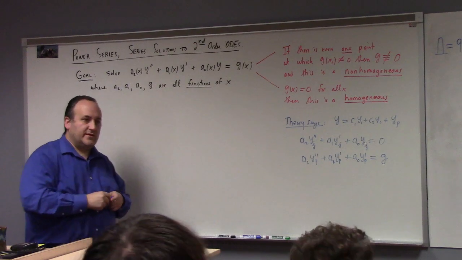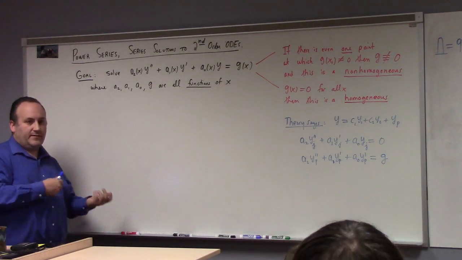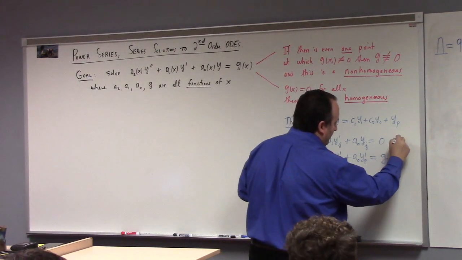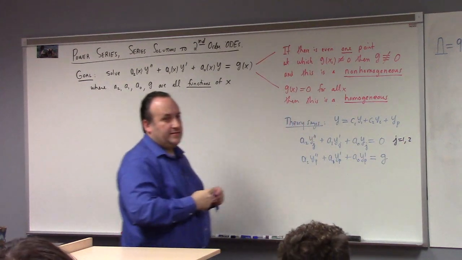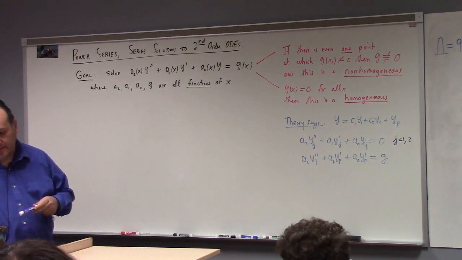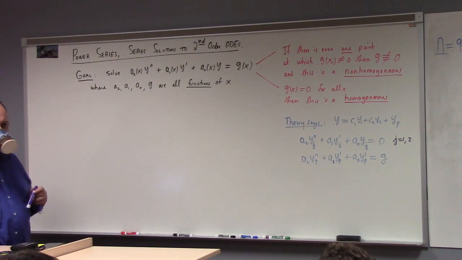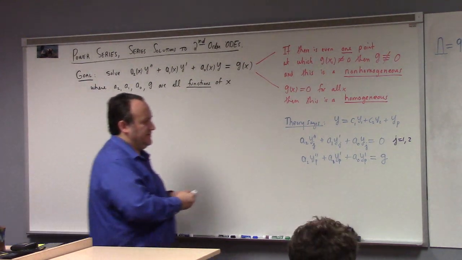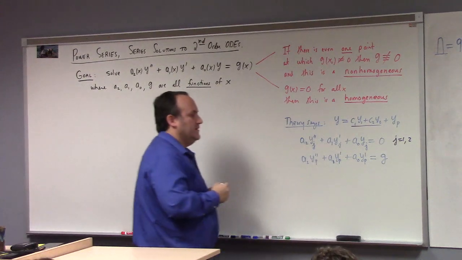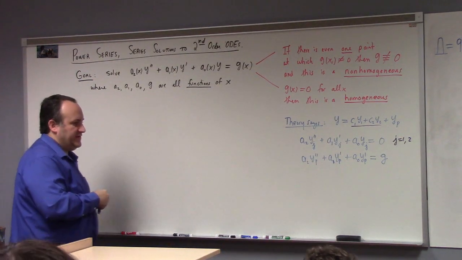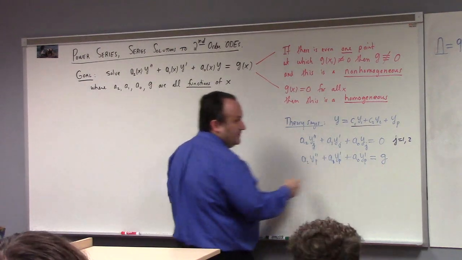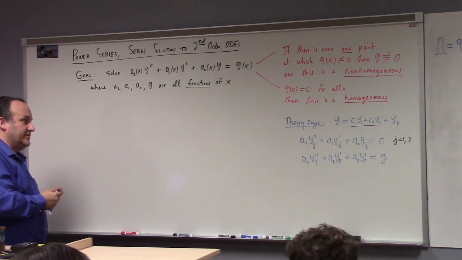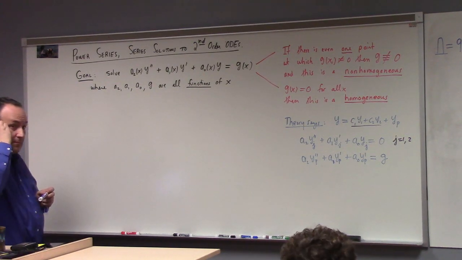So this is what we're looking for. We're looking for a pair of linearly independent fundamental solutions. You can take a linear combination of those, and that gives you the homogeneous solution. And then we are looking for a particular solution which actually reproduces the forcing function g. If g is equal to 0, you don't have to find a particular solution; that's not part of the problem.